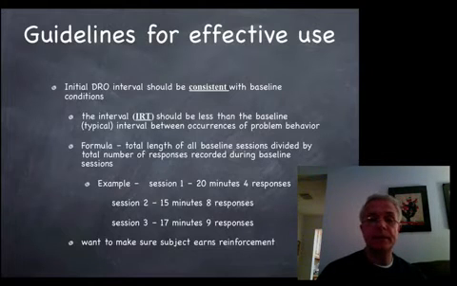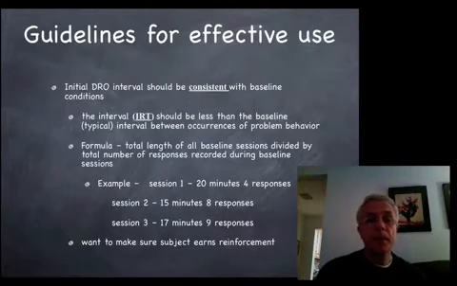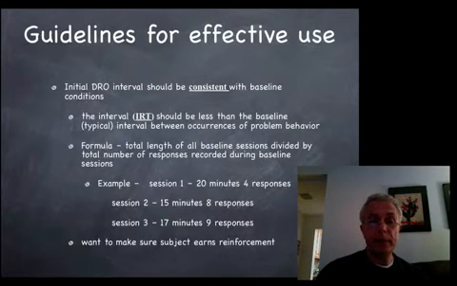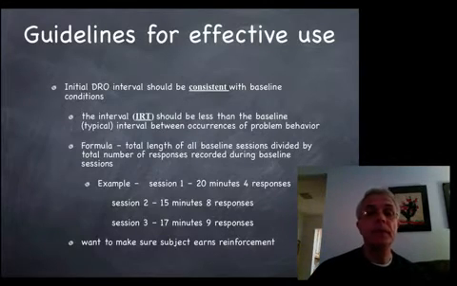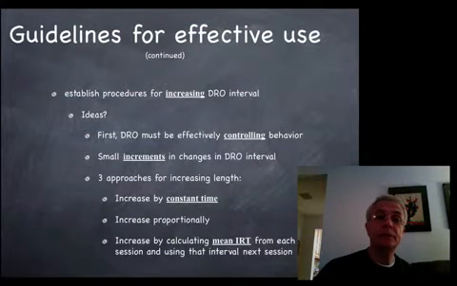I hope that makes sense. Email me or post it if it doesn't. The rest of this slide, the formula, simply talks about how to calculate the inter-behavior interval to help you come up with an interval size of your DRO that will likely catch the student being good.